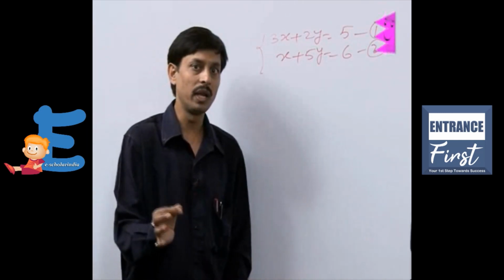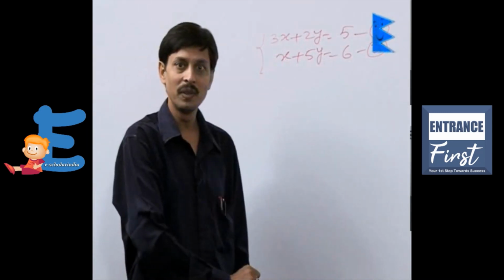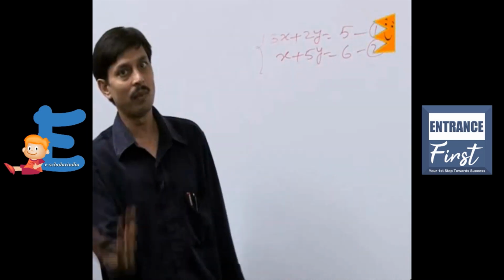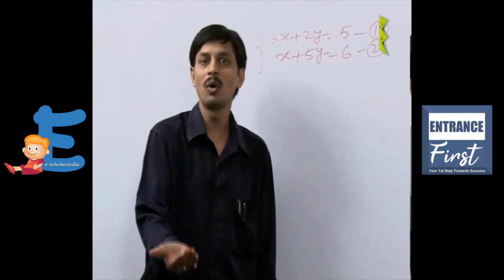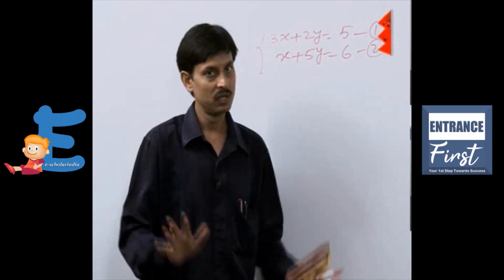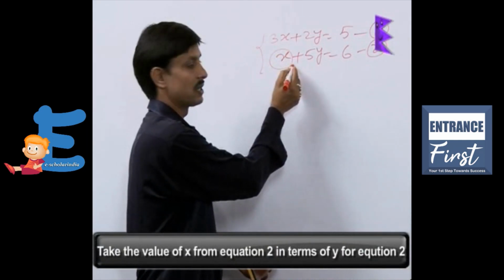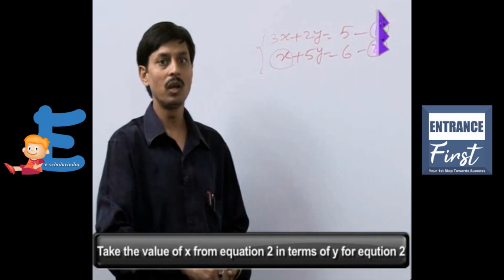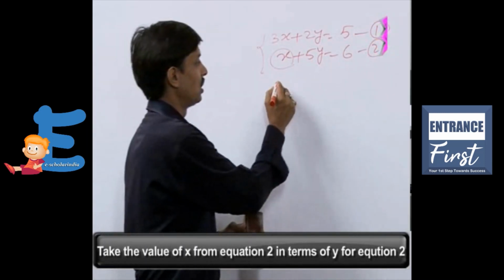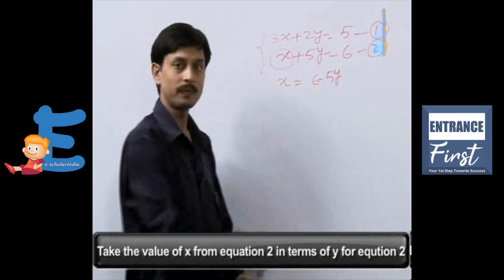If I have obtained the value of x in terms of y from equation number 1, then I will put that in equation 2. Or if I have converted the value of x or y from equation 2, I will put it in 1. So it is clear. Now I am taking the value of x from equation number 2 in terms of y. So x is equal to 6 minus 5y.